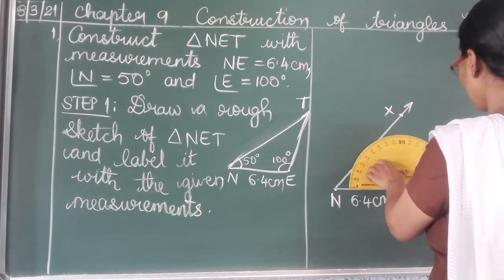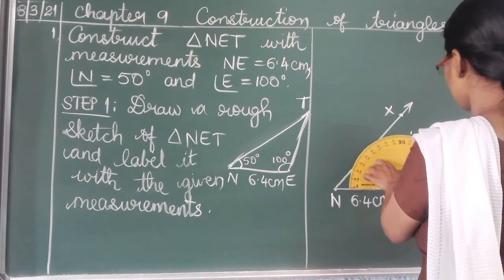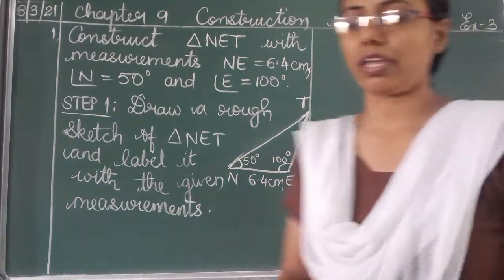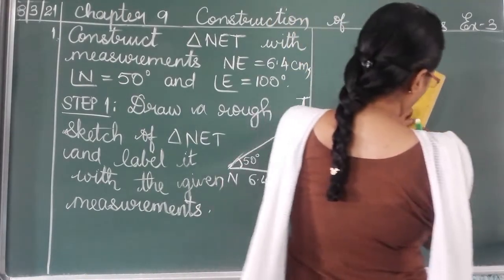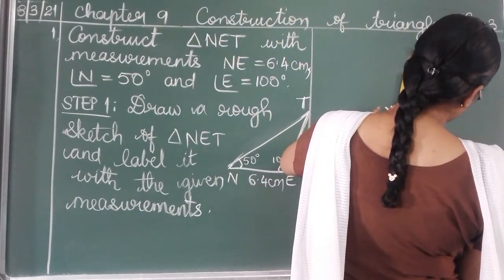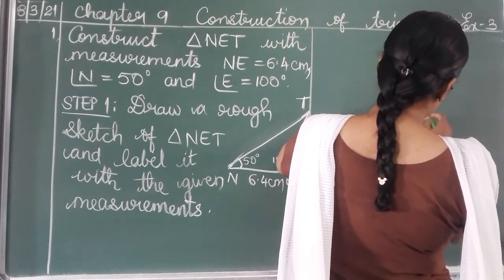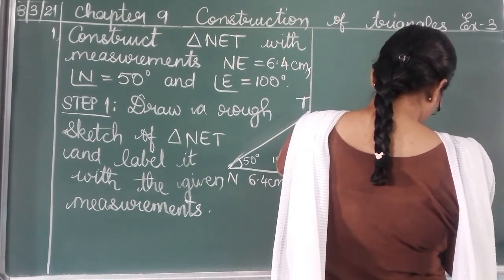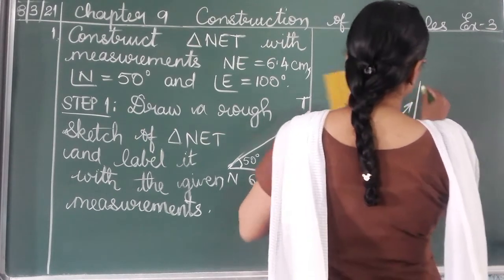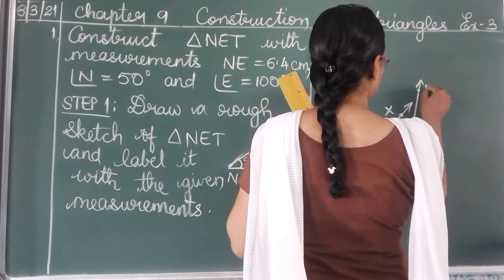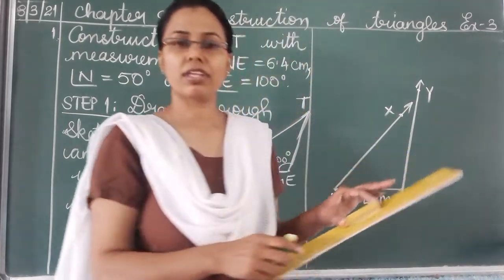And here 100 degrees we are supposed to mark and draw a ray. EY. EY we are going to draw. So here this and this should be matching, and this is a ray which is Y.